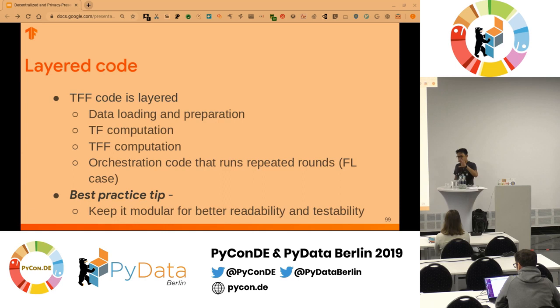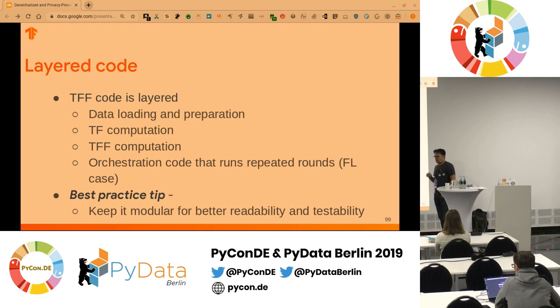There is the TensorFlow computation, or any computation that happens on a device, and then there is orchestration, which is the repeated rounds. In federated computation, we saw that we are passing in an array, but that's essentially orchestration. In federated learning, we saw that we are running 5 rounds and calling eval. How often you want to eval, that kind of code, that's orchestration.